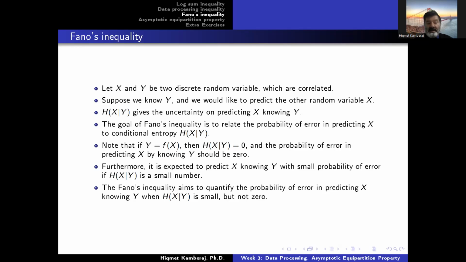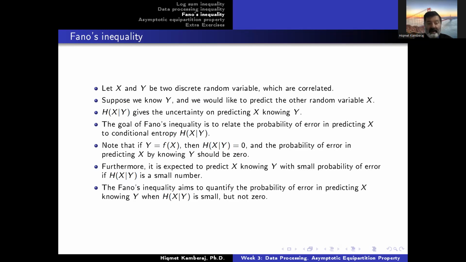The goal of Fano's inequality is to relate the probability of error in predicting X to the conditional entropy H of X given Y. Note that if Y is equal to f of X, then the entropy of X given Y is equal to 0, right? And the probability of error in predicting X by knowing Y should be equal to 0.